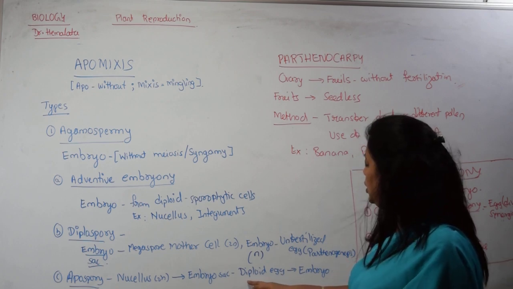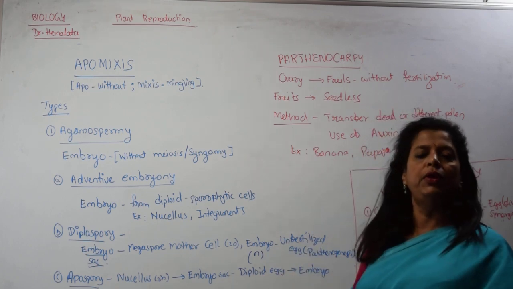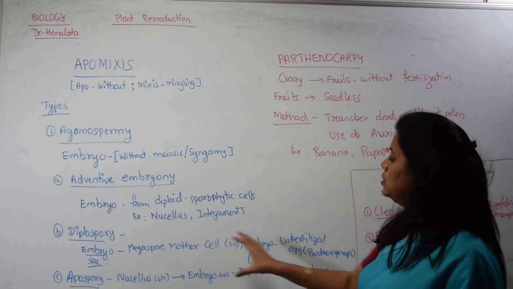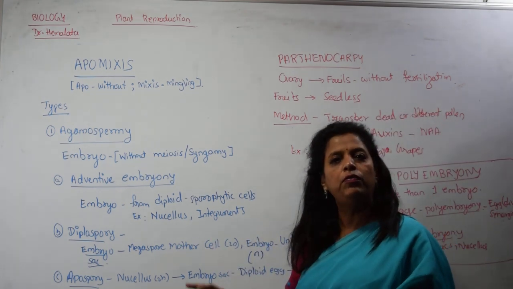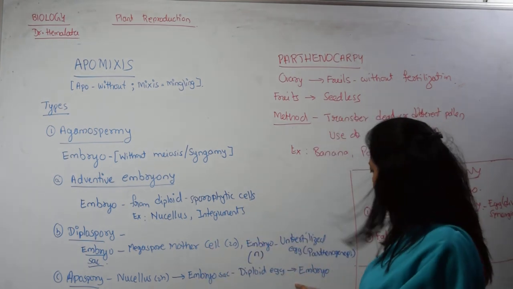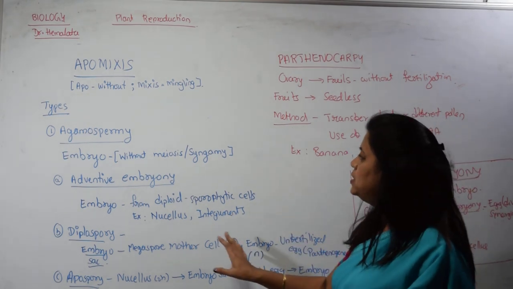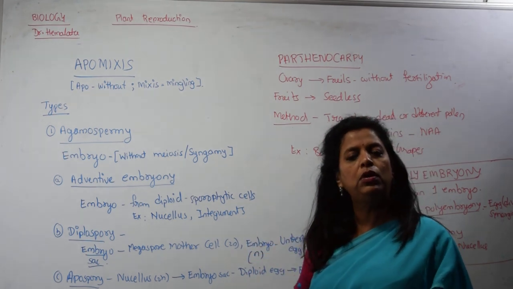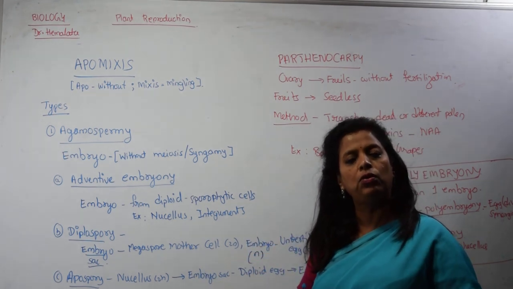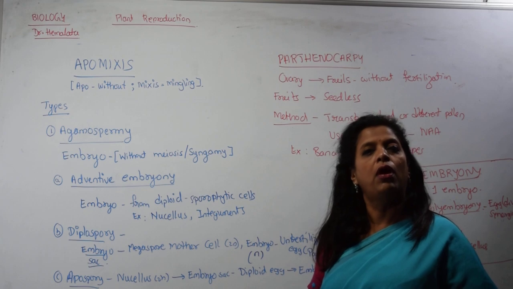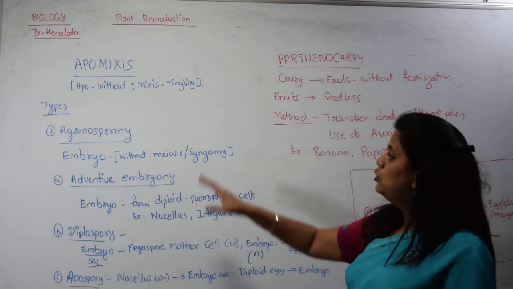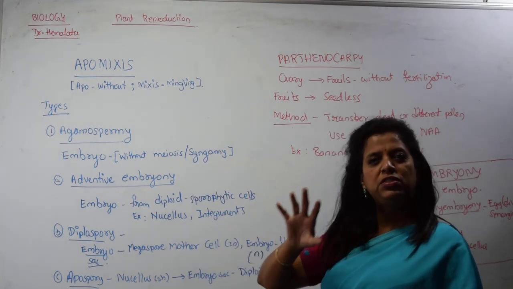Then the diploid egg will directly develop into an embryo. So I have given you this chart, so that you should not get confused about which is the diploid embryo and which is the haploid embryo, right? But apomixis itself means that without the union of male and female gametic nuclei, a diploid or haploid embryo is formed. So all the three things, just keep them in mind.